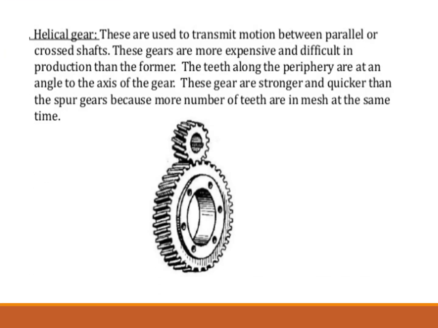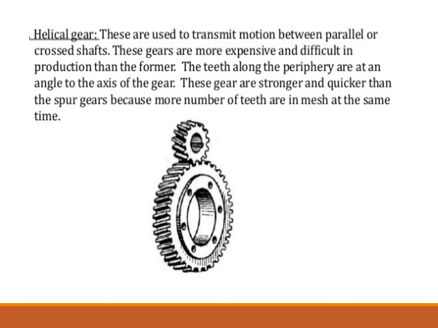Helical gear. A helical gear is just like a spur gear but with its teeth at an angle with the axis of rotation of the gear body. Helical gears can transmit motion from one shaft to another shaft that is parallel to it, as with spur gears, and also to another shaft that is not parallel to it.